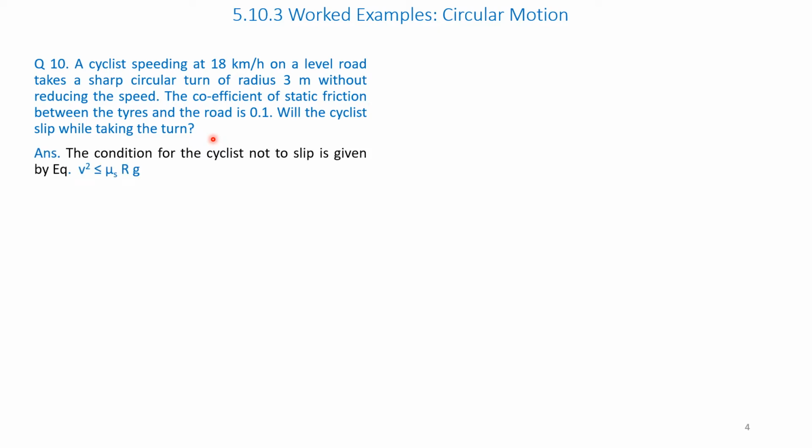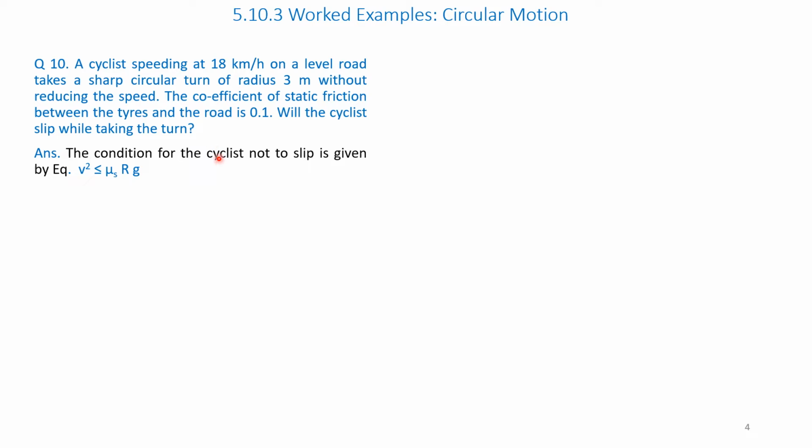Answer. On an unbanked road, frictional force alone can provide the centripetal force needed to keep the cyclist moving on a circular turn without slipping. If the speed is too large or if the turn is too sharp or both, the frictional force is not sufficient to provide the necessary centripetal force and the cyclist slips.